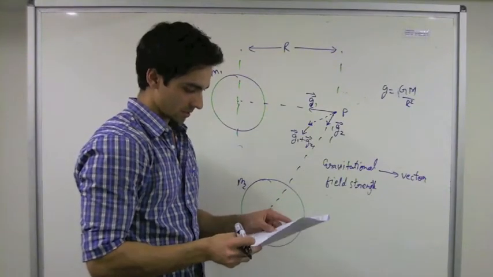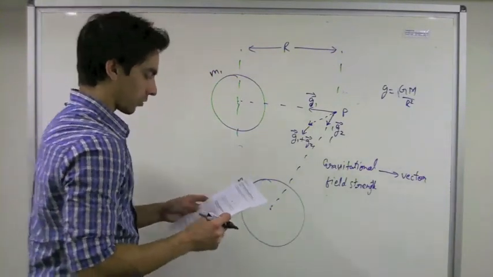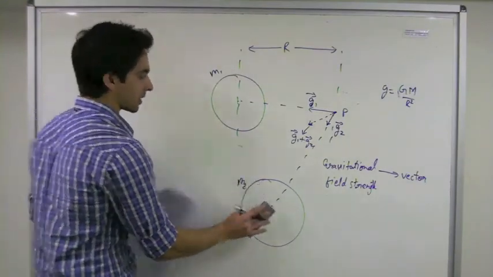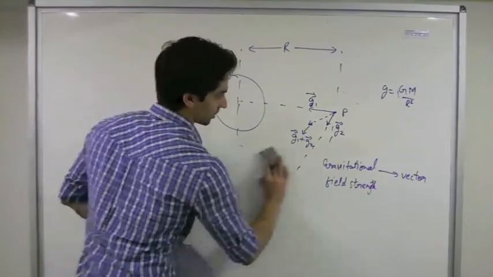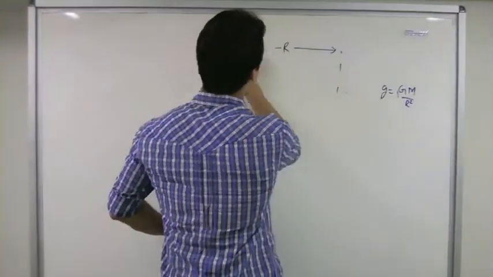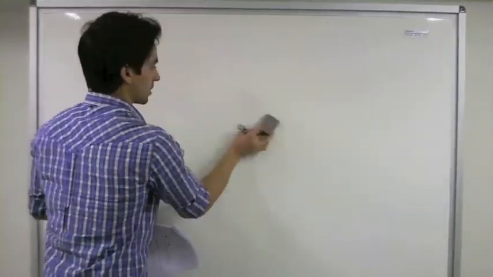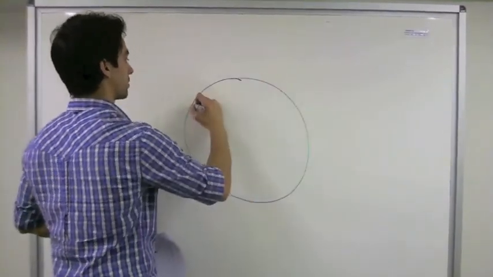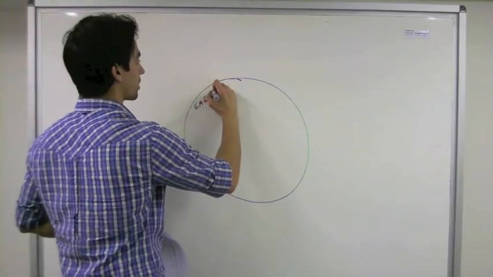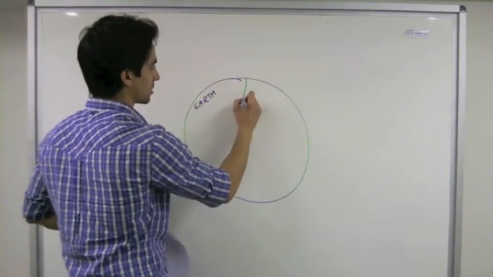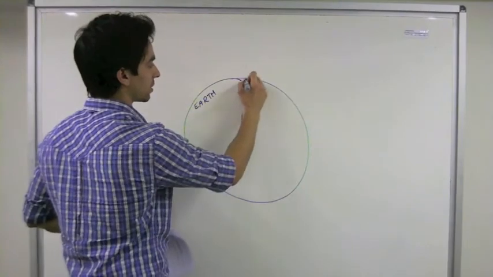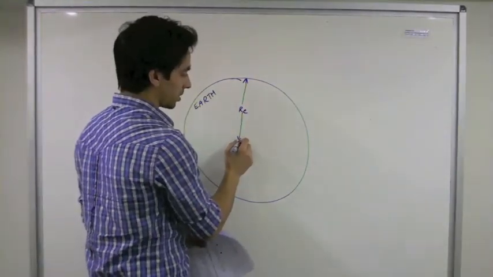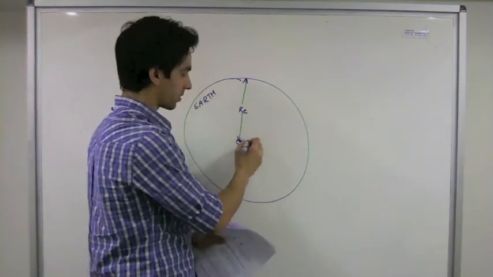So that is that. And 6.1.4, gravitational field strength at the surface of a planet. Let's say planet Earth. What would be the gravitational field strength at the surface of planet Earth? Let's say this is Earth here, and this distance is, of course, the radius of the Earth. Let us assume that the mass of the Earth is concentrated at the center of the Earth.